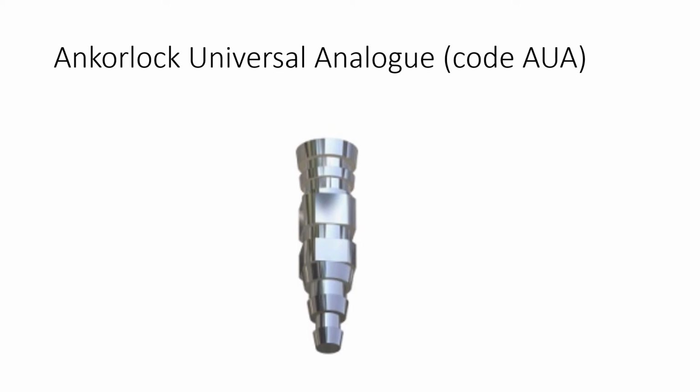Many systems which have multiple diameters with multiple hex sizes require that you use the corresponding analog to match the implant being used. The Ankorlock system does not do that because we rely on a universal hex and a universal connection system and screws to keep everything as simple and as easy to manage as possible.